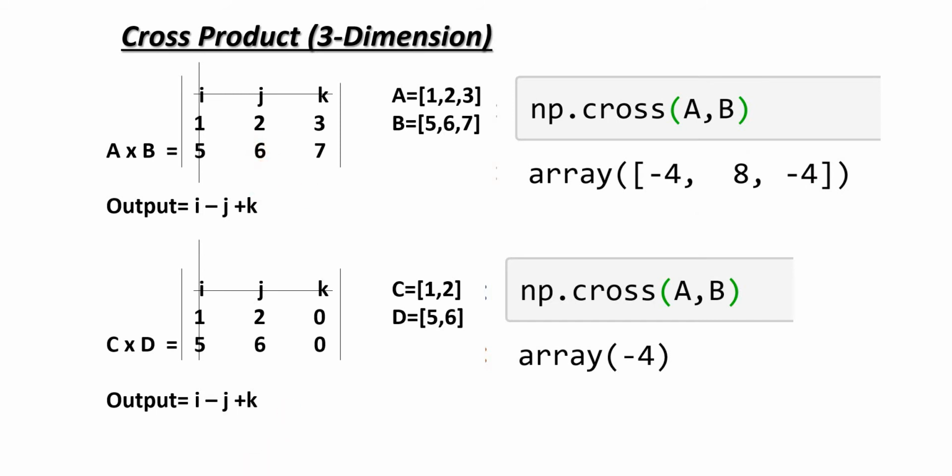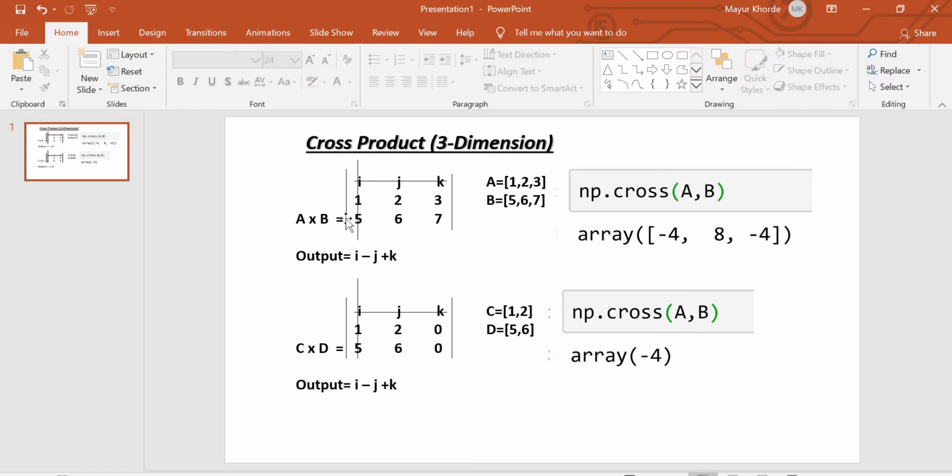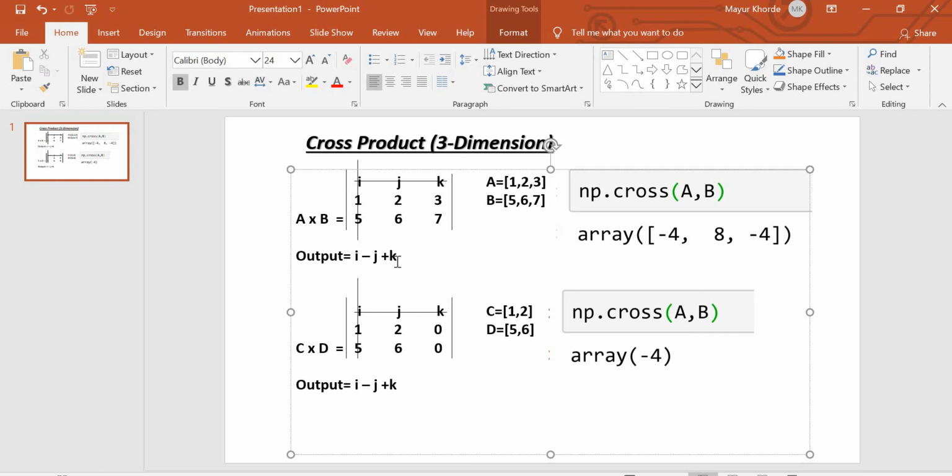So guys, let's see how this -4 came. You can see this output is in I, J and K, meaning the I output, J output and K output. How can we calculate this -4 over here?